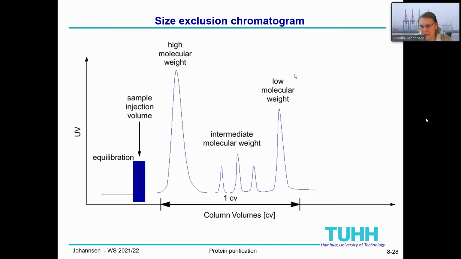And at the end of this chromatogram, we have a peak with molecules with low molecular weight. Also here, this is a sum of different components, which all have a low molecular weight.